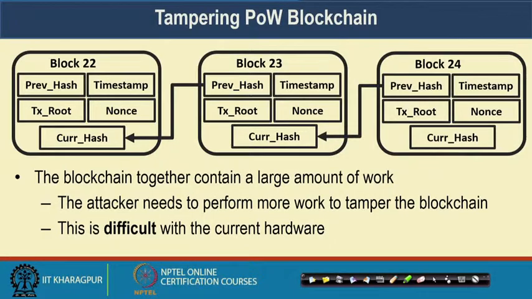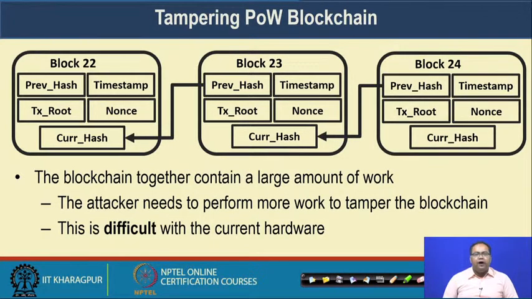Okay. So, let us see why the Bitcoin proof of work mechanism is tamper proof. This is the broad architecture of a block.